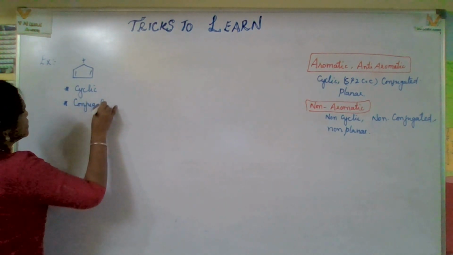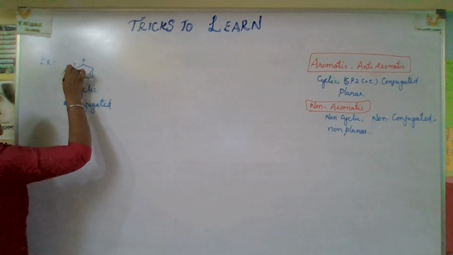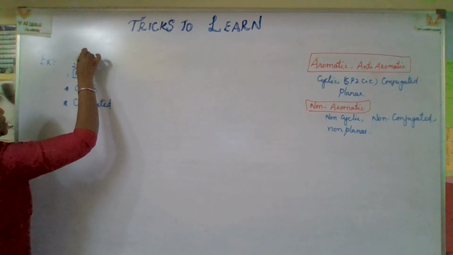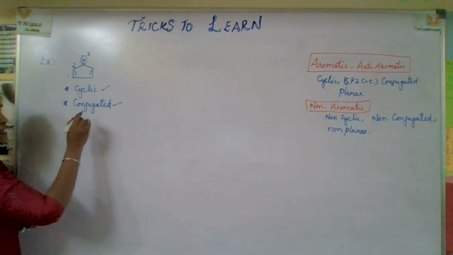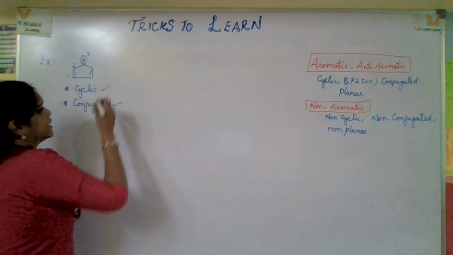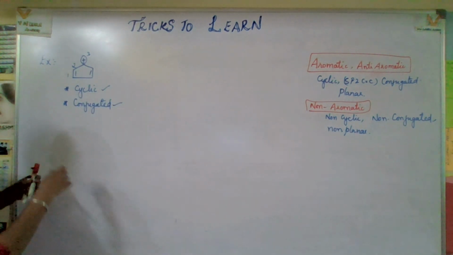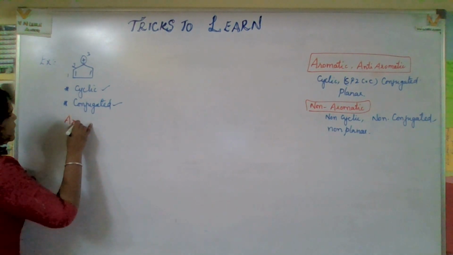How do we say it's conjugated? This is a double bond and single bond, and a positive charge. Yes, it is conjugated. So the first thing, mandatory cyclic. The second thing, it is conjugated. That means this is aromatic.